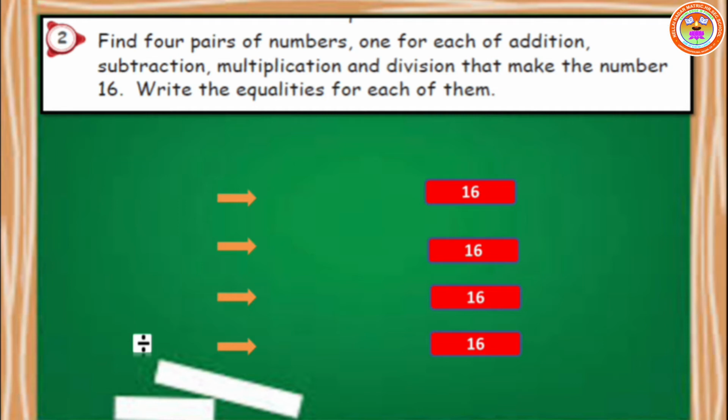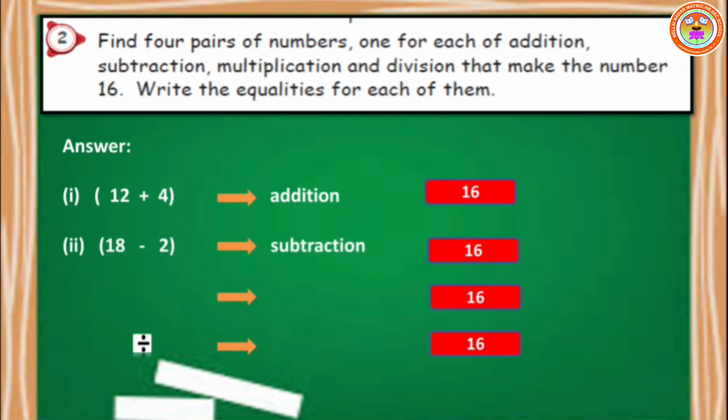Are you clear with the question, students? Yes? Answer: first one is addition. So 12 plus 4, when you add these numbers, you will get 16. Then second one is subtraction. 18 minus 2 produces the result of 16.